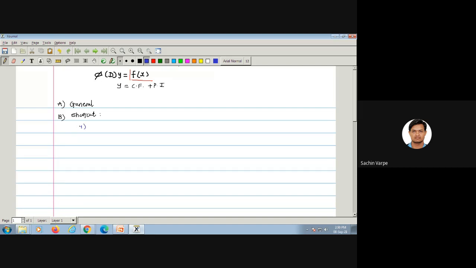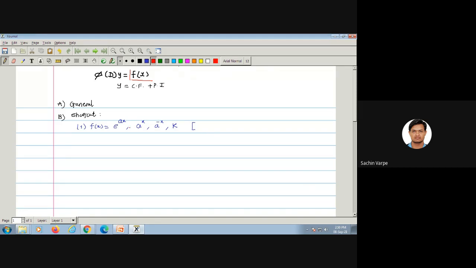The first case we have discussed is exponential. If the right hand side function is exponential, e to the power ax, or a to the power x, or a to the power minus x, or it is a constant, then we have a simple keyword.